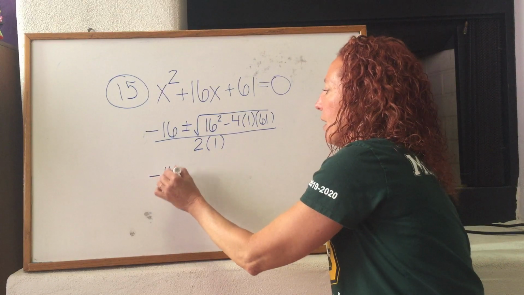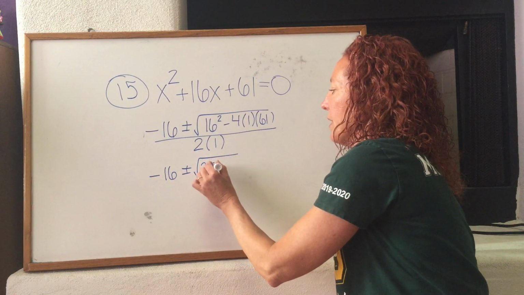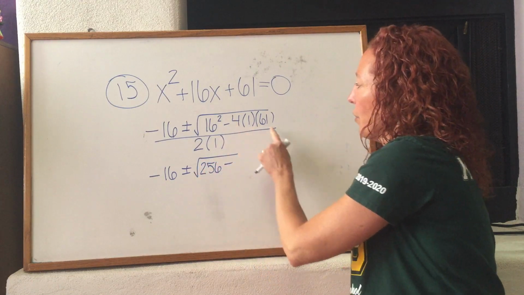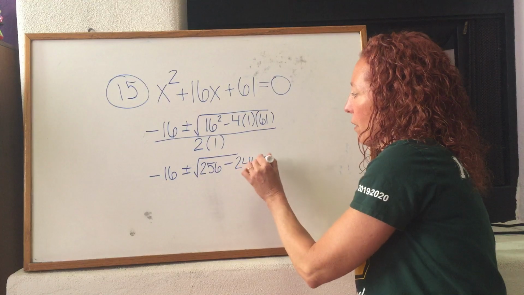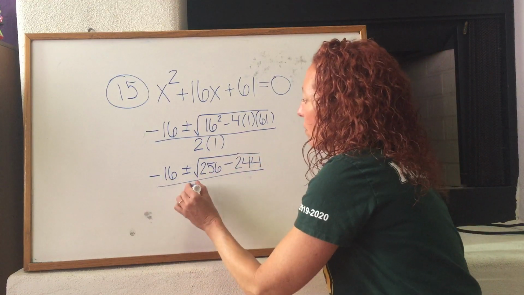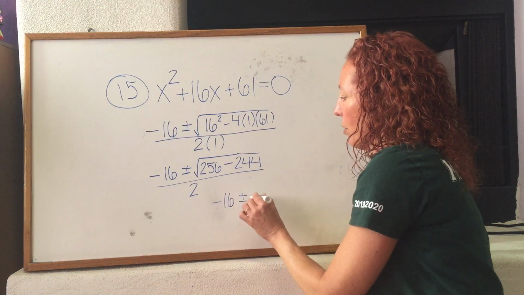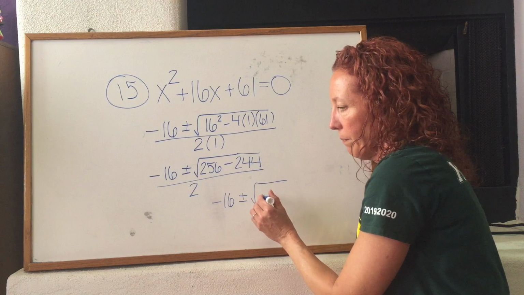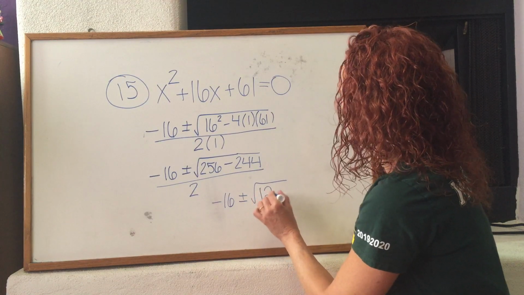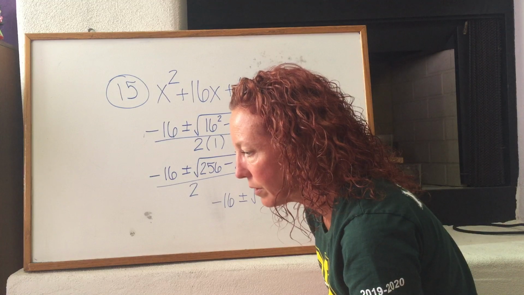And so this is negative 16 plus or minus the square root of 256 minus 4 times 61, which is 244, over 2. And so negative 16 plus or minus the square root of, what is that, 12? But that is not matching any of the answer options.